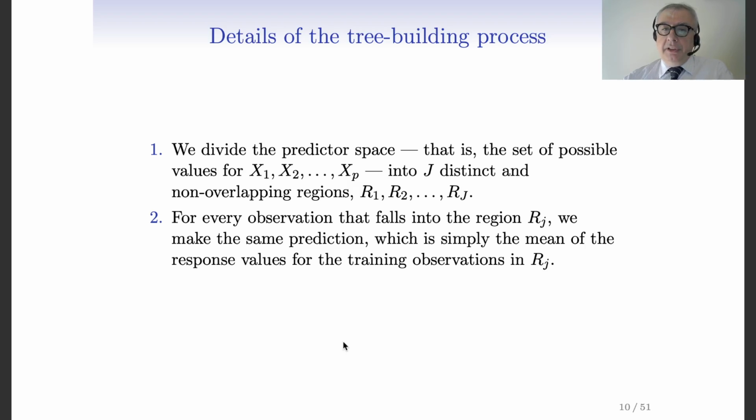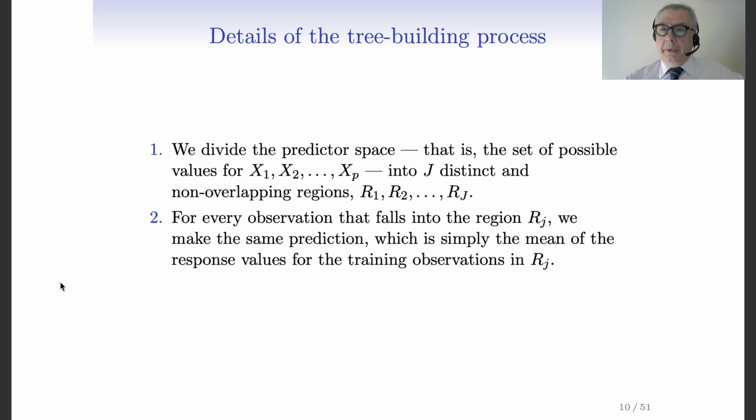Let's go now into some details about the tree building process, and we have steps. So the first step, the key point is dividing the predictor space into distinct and non-overlapping regions. As a matter of fact, we are partitioning the predictor space.